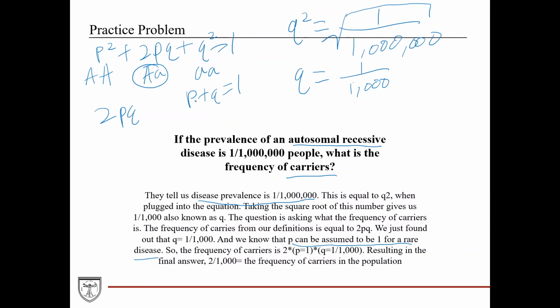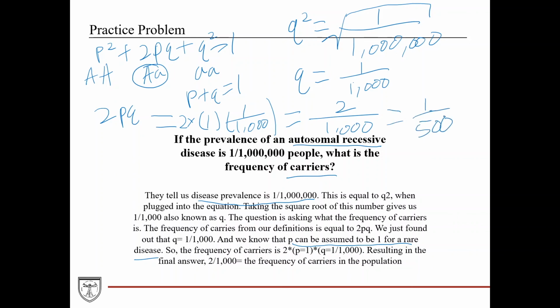So you can assume p is 1, so 2pq is going to be equal to 2 times 1 times 1 in 1,000. That results in the answer of 2 over 1,000, or 1 in 500. So the prevalence of carriers in the population is 1 in 500.